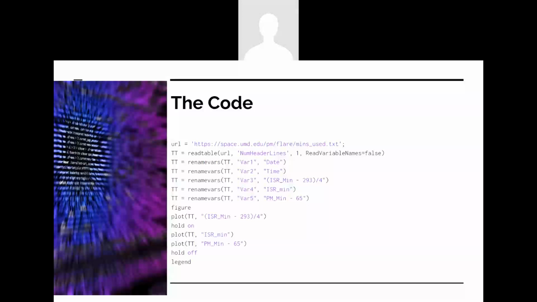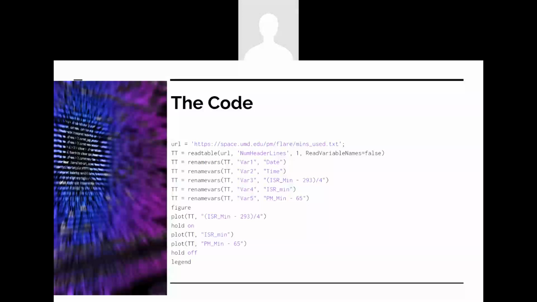That's what the TT variable and the readtable function are. The readtable function will read all the data in the .txt file and turn it into an actual usable table within MATLAB.